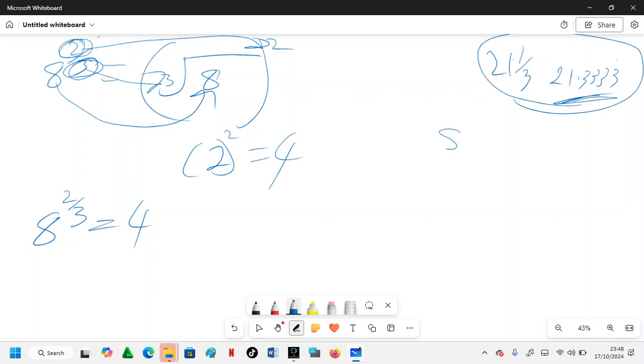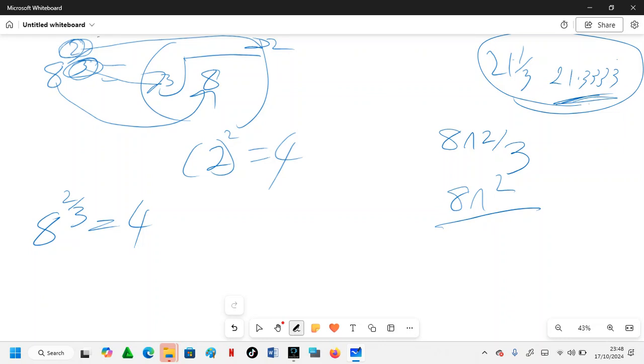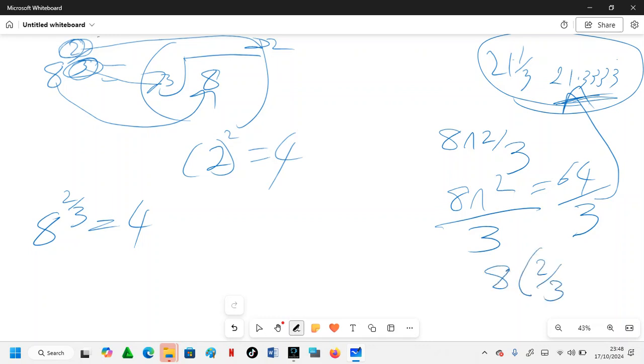Because when you don't put it in brackets, the calculator is going to say 8 to the power of 2, and then divide the answer by 3. So 8 to the power of 2 is 64, and 64 over 3 is 21 recurring. So you have to tell the calculator that it's 8 raised to the power 2 over 3, so that it gives you the answer as 4. Right, that was a by the way.